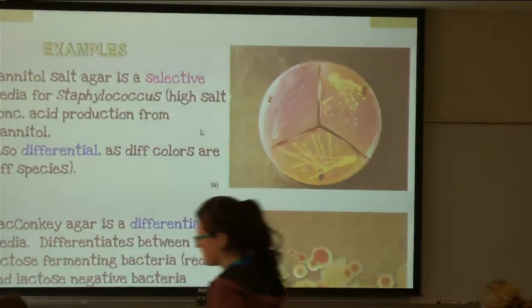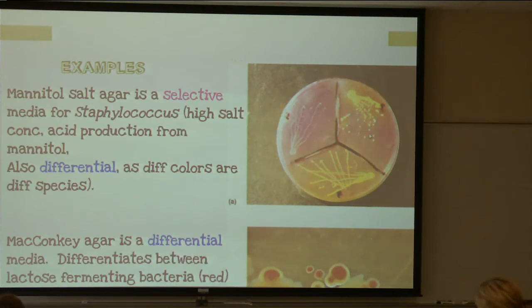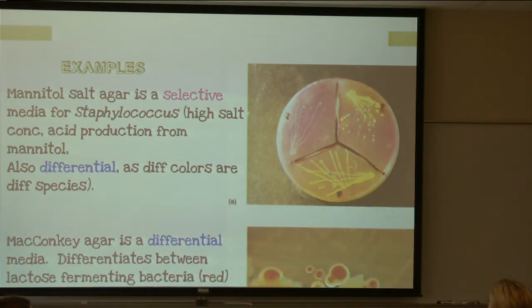We'll talk about the top example. I like this example much better. This media right here is called mannitol salt agar. It is made with like 7.5% salt. If you were to take most bacteria and plate it on that plate, they're gonna die. They're not gonna be able to grow. There's too much salt. It'll completely dehydrate whatever you put on it, and you will not have growth.